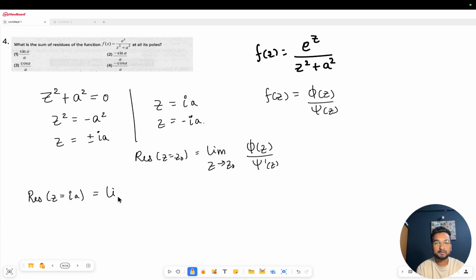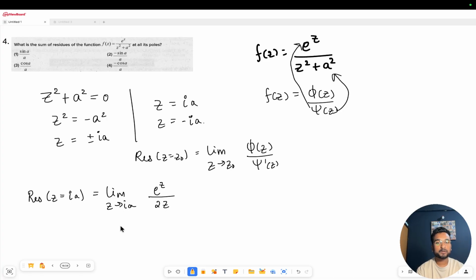So limit z tends to iota a. What is your phi of z here? E to the power z, upon the differentiation of psi of z, which is z square plus a square. Since a is a constant, the differentiation of z square will be 2z.